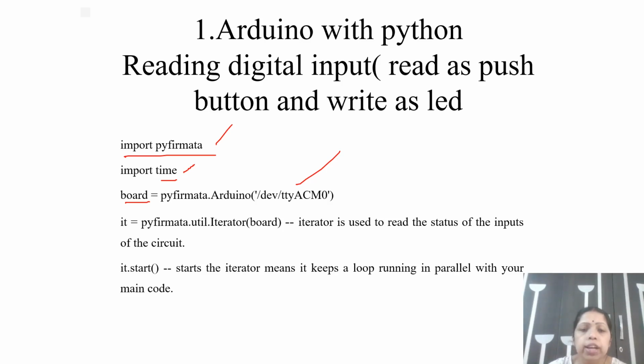Next is another variable. Here I have written it is equal to pyfirmata.util.Iterator within brackets board. This variable will be passed into this function. So what is this? If you want to read the status of the board, whatever data are available inside the board, you have to write this line.